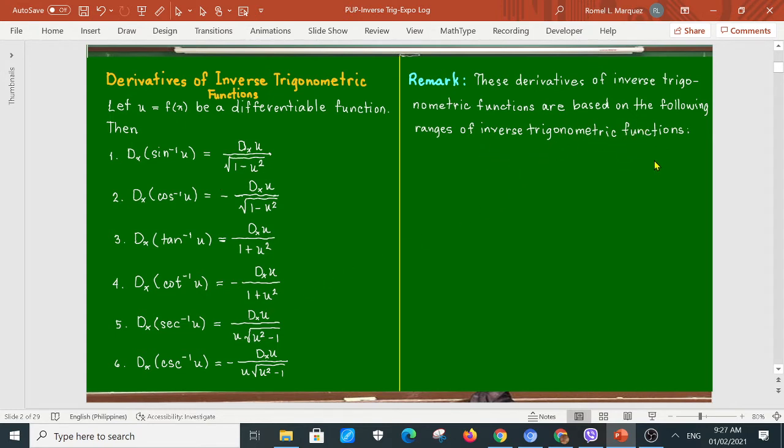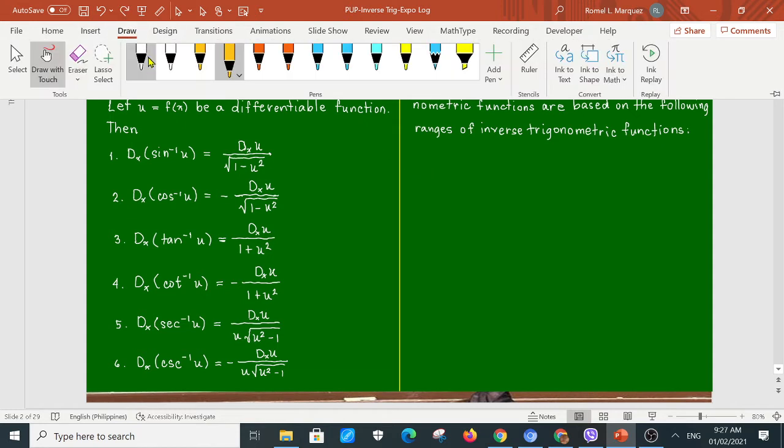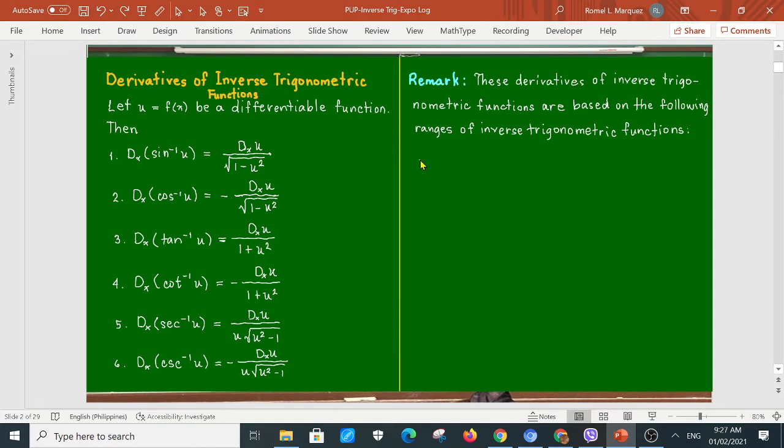Now, by the way, these derivatives of inverse trigonometric functions are based on the following ranges of inverse trigonometric functions. Number 1, for inverse sine, we are going to use this restriction: the inverse sine of u is between negative pi over 2 and pi over 2.